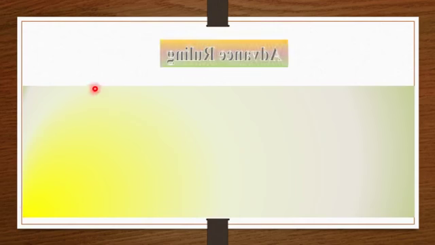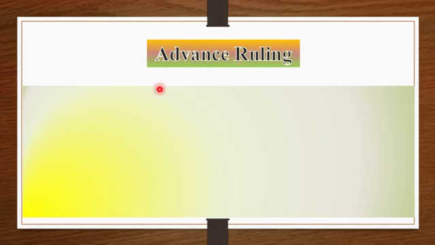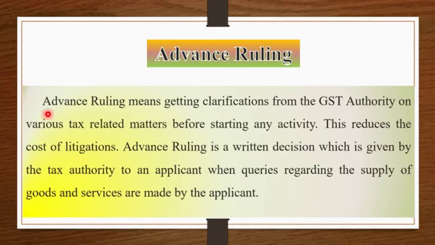Now, last point of GST procedure is advance ruling. See, advance ruling means getting clarifications from the GST authority on various tax related matters before starting any activity.